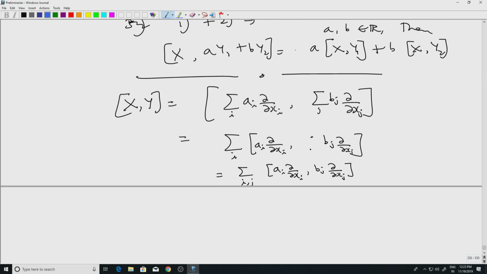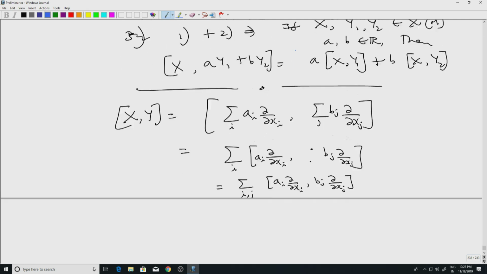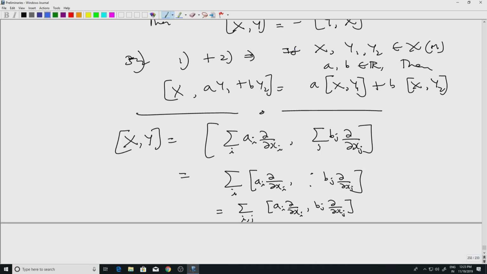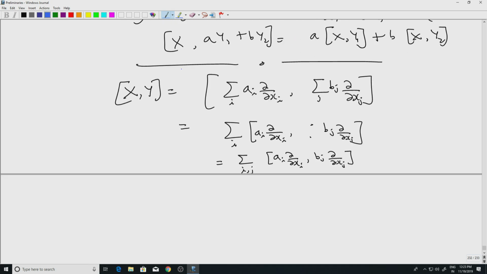Now, at the end of last class, I had started deriving an expression for the Lie bracket in local coordinates. So let me just complete that.